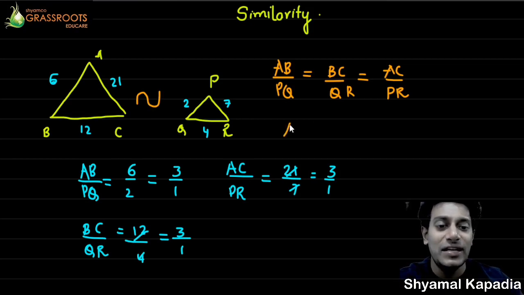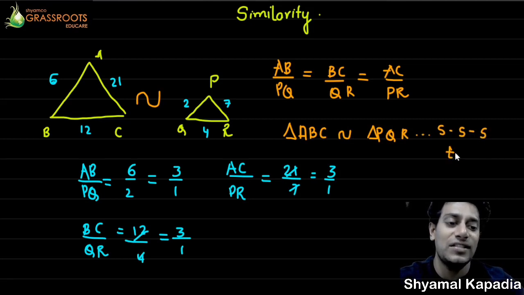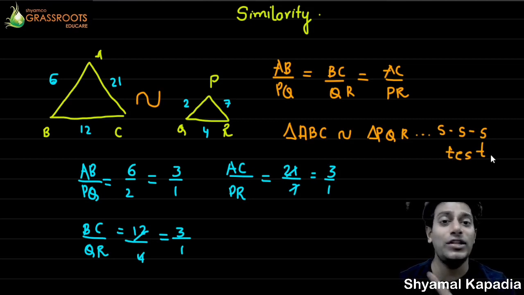So triangle ABC is similar to triangle PQR, and the reason is the SSS test of similarity. We call it the side test because the 3 sides are not equal. The ratio of the sides are in proportion.